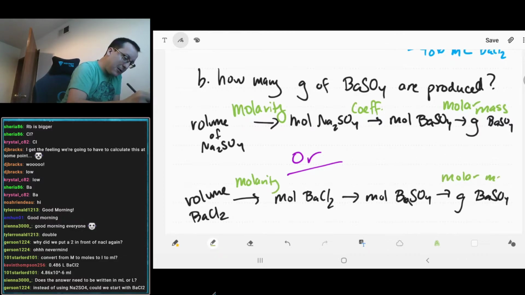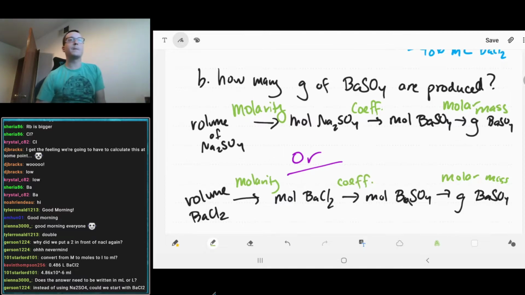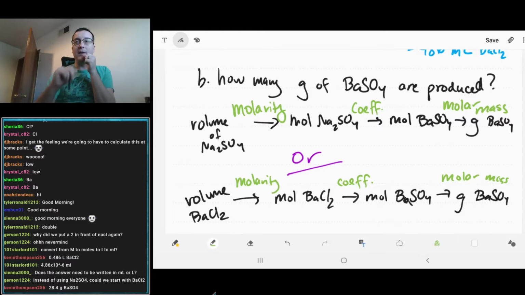Molar mass here, and then the coefficients. Yes, this is absolutely, totally, perfectly okay. You could totally do this. It would work. However, one thing that I would caution you on, it's generally best to use whichever one you are given the most information about to begin with.